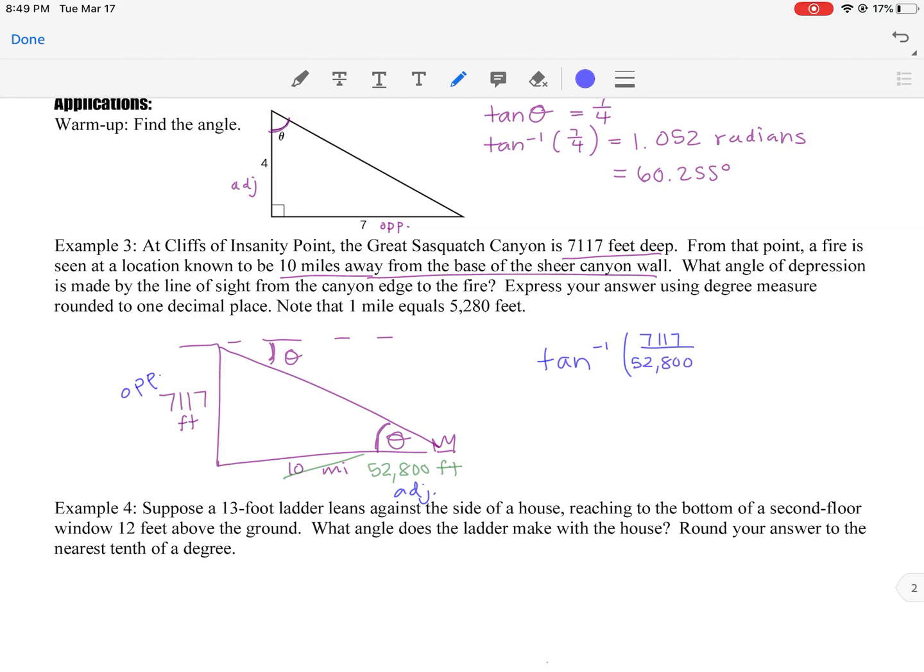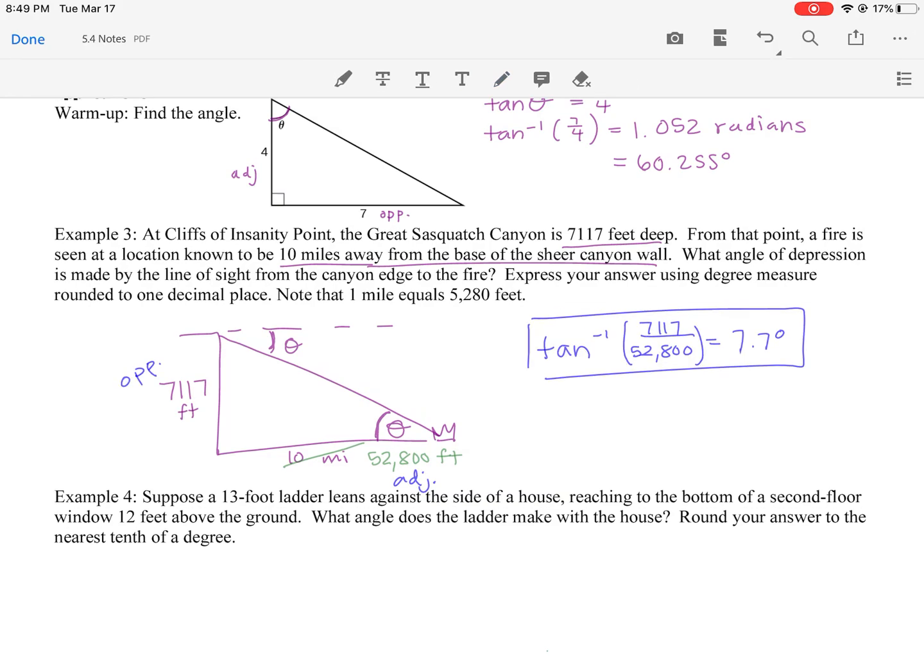As you type that in your calculator, we end up with 7.7 degrees. And that makes sense because if the base is a lot longer than the height, it's got to be quite a gradual thing. So a small degree.